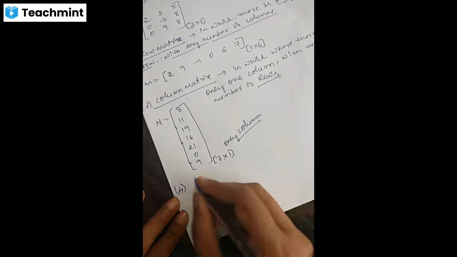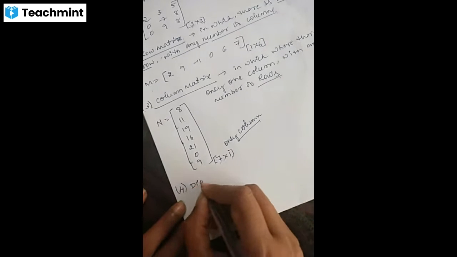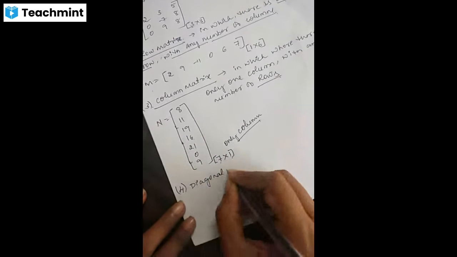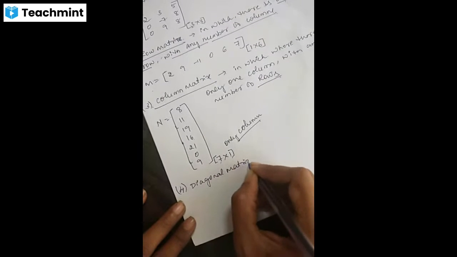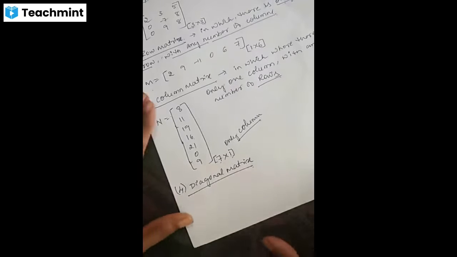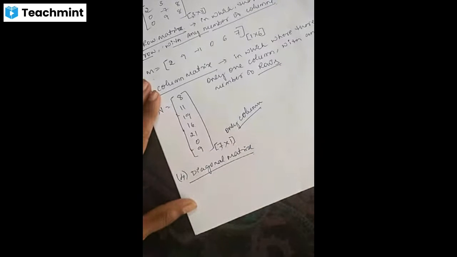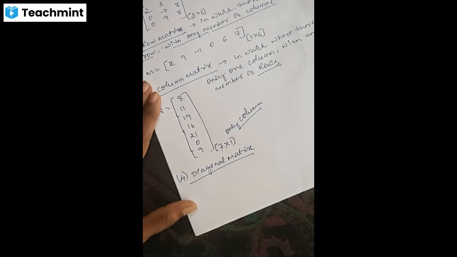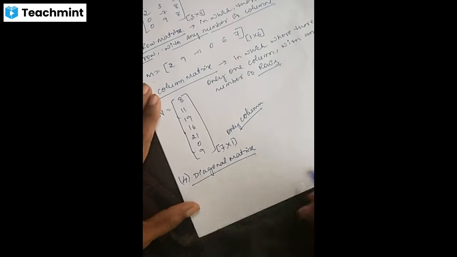Let us move on to the fourth type of matrix. The fourth type of matrix is a diagonal matrix. A diagonal matrix is a square matrix in which, except for the principal diagonal elements, all the other elements are going to be 0.